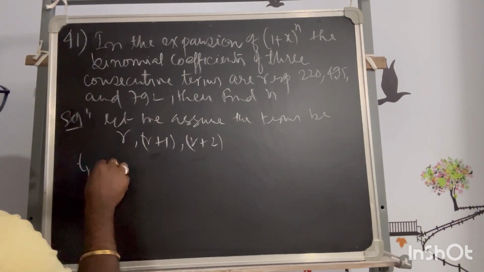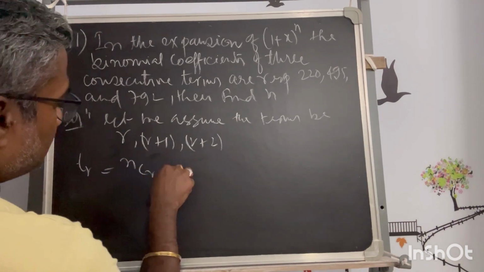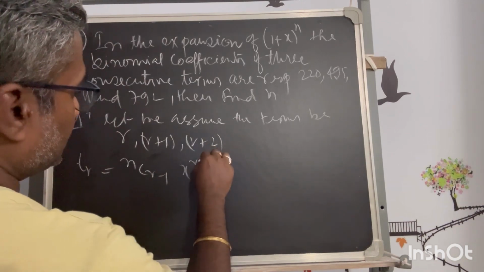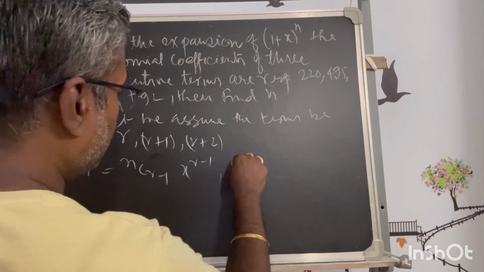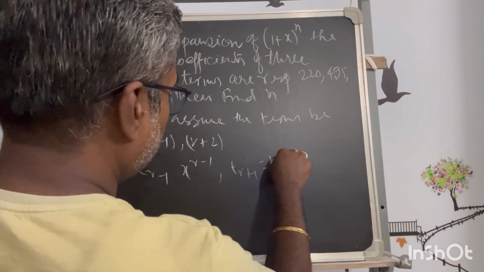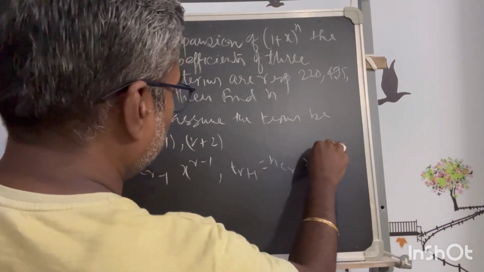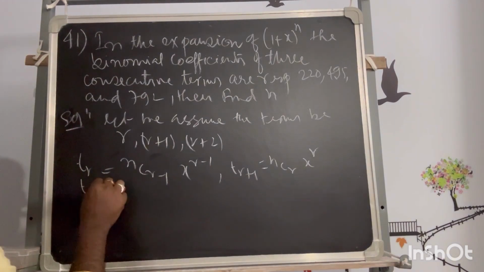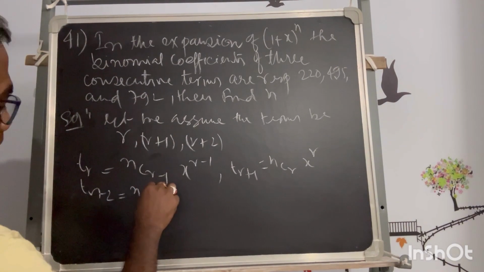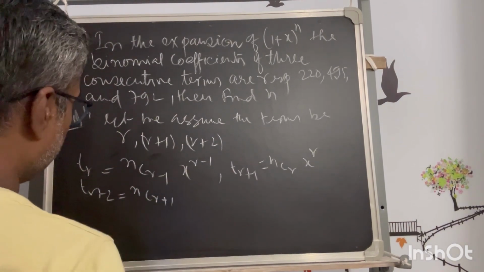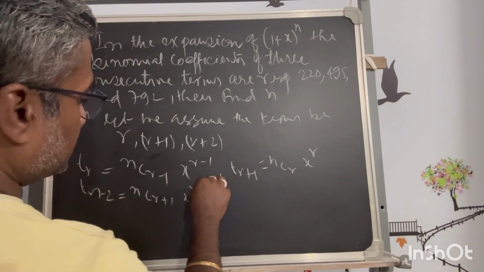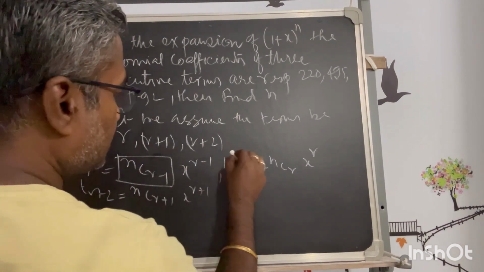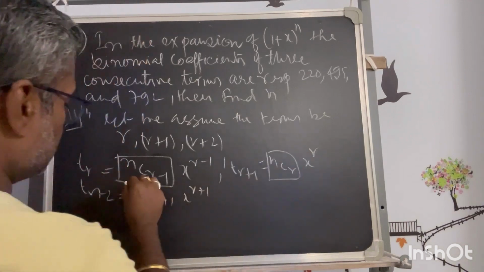So T_r will be, as per the rule, nC(r minus 1) x to the power r minus 1. T_(r+1) will be nCr x to the power r, and T_(r+2) will be nC(r plus 1) x to the power r plus 1. So these are the 3 terms, and the binomial coefficients are these.